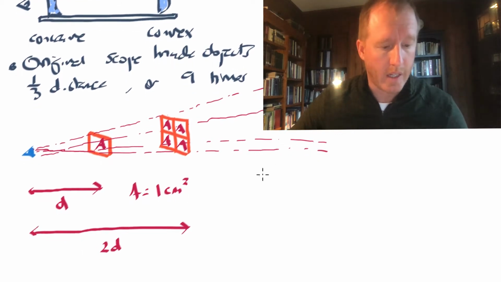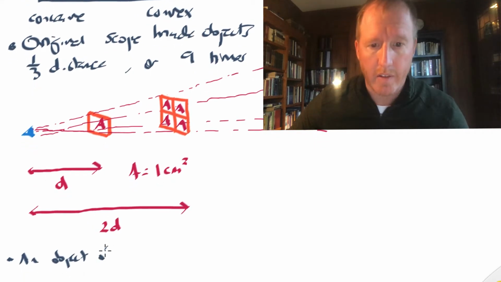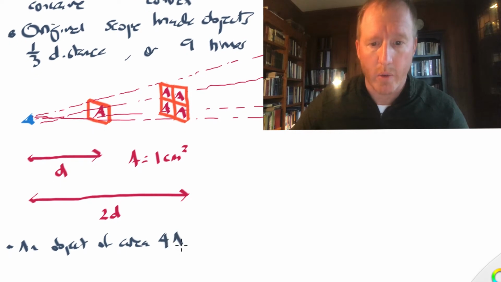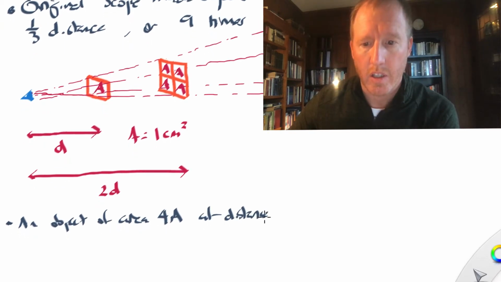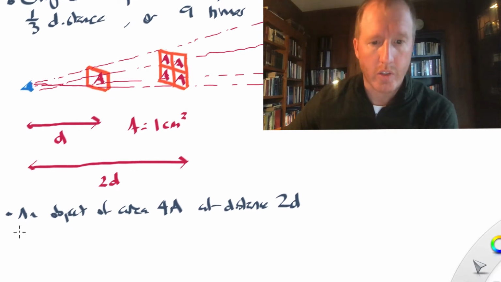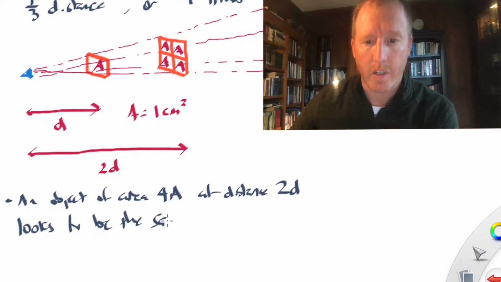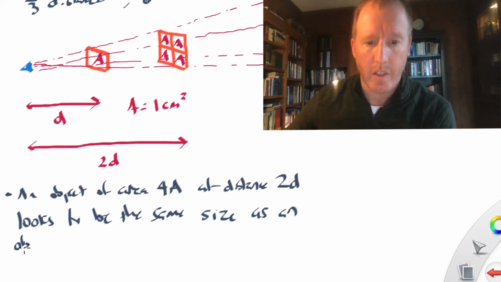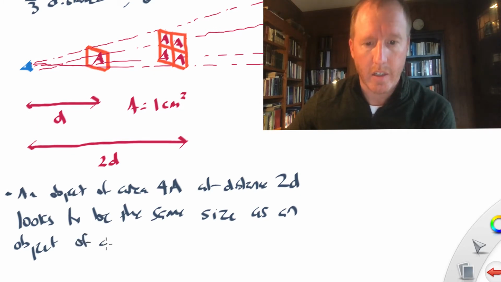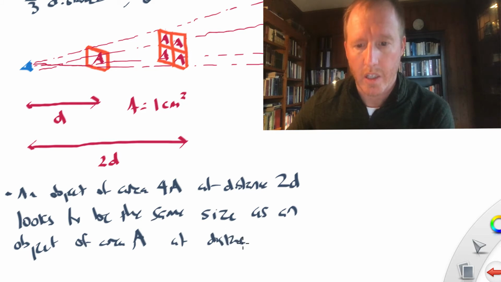In other words, what I'm saying is, an object of area 4a, or in this case 4 square centimeters, at a distance 2d looks to be the same size as an object of area a, or 1 square centimeter, at distance d.